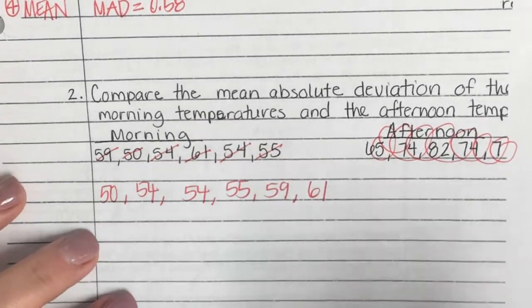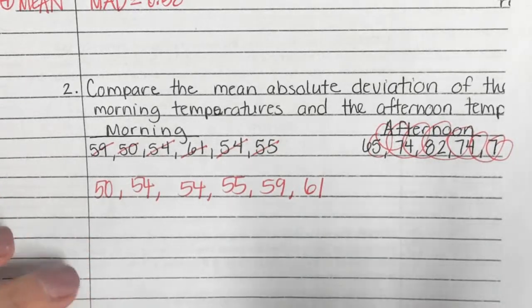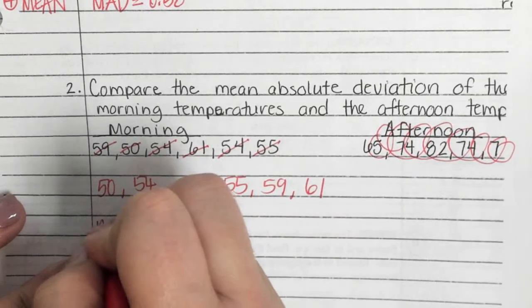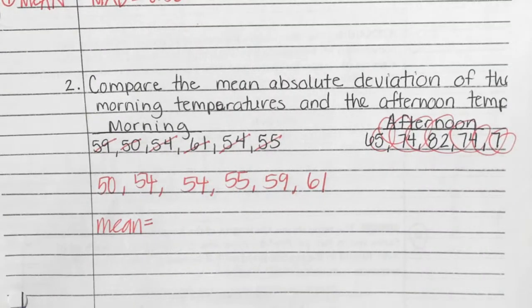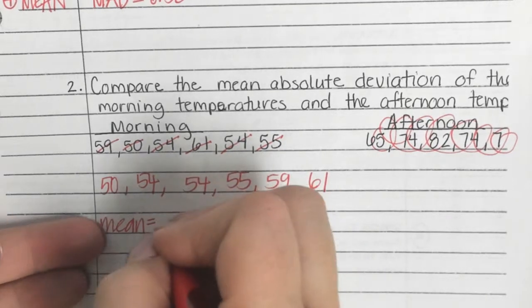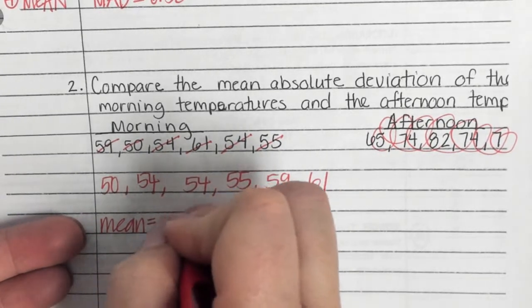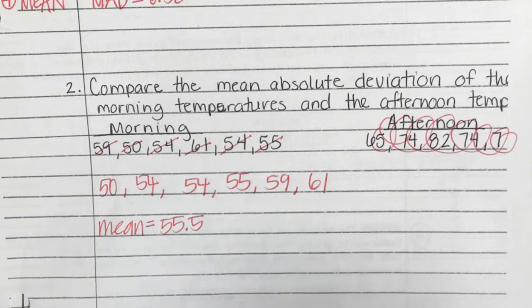Okay. What do I do next? Find the mean. So we're going to add and divide. 55.5. Okay, so yes, our mean is 55.5. That makes sense.